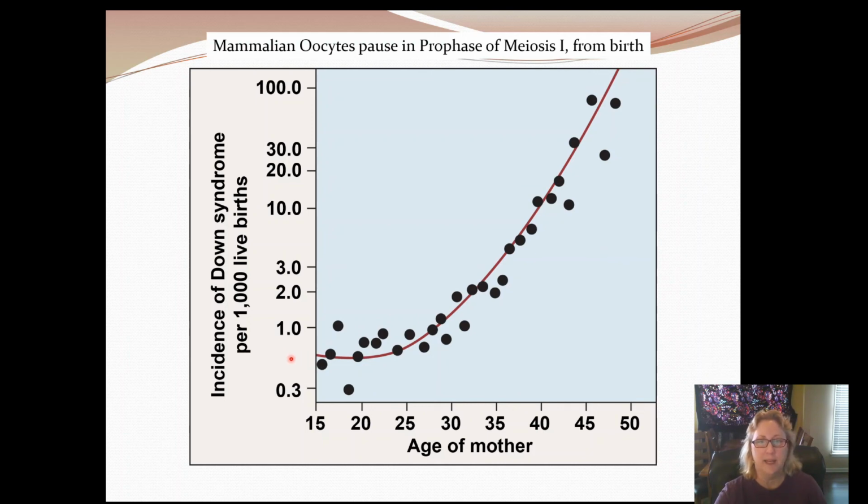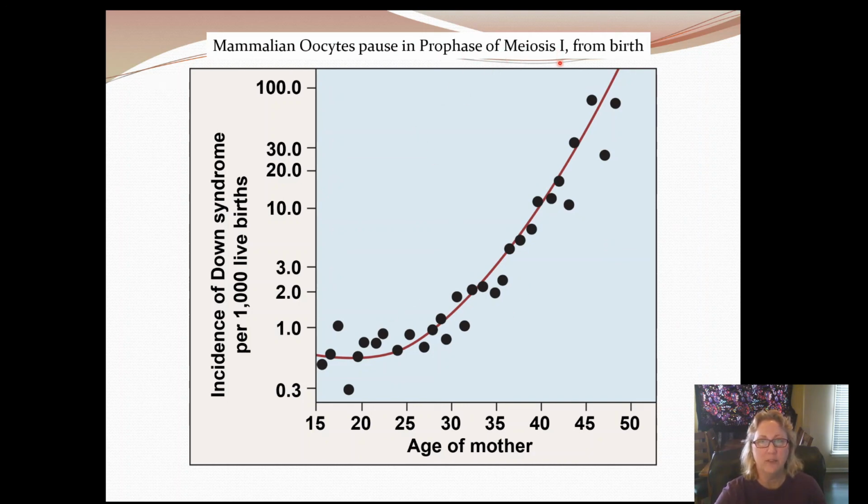So that means they sit there in prophase 1 of meiosis, which is when synapsis occurs. So we have the pairs of homologous chromosomes coming together. We have crossing over of 2 of the non-sister chromatids. And they sit there in synapsis in meiosis 1 for however many years until that egg is ovulated.